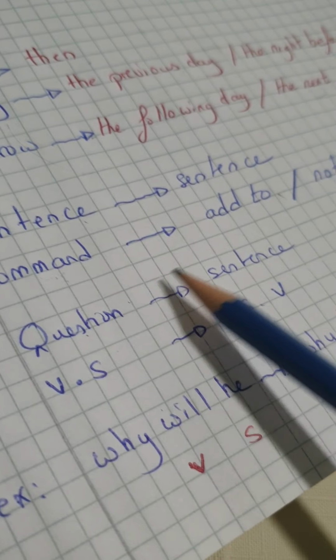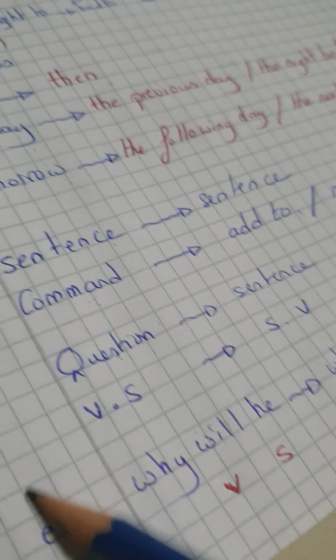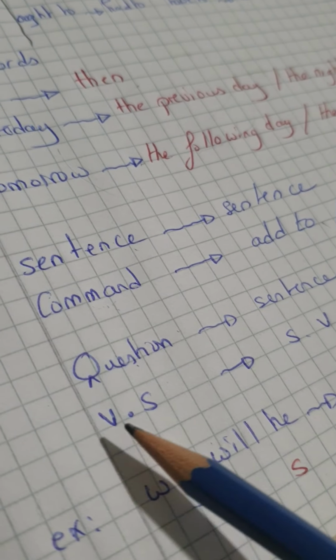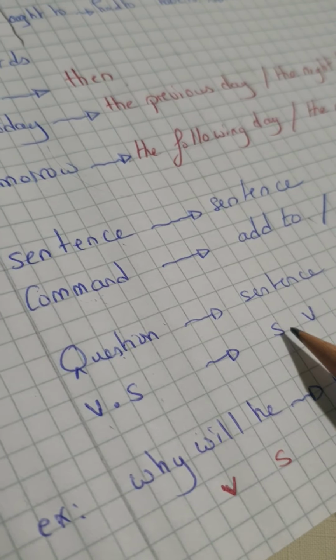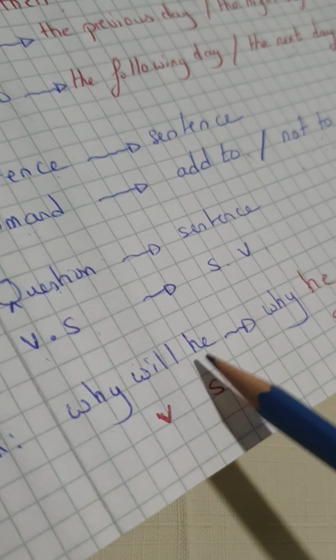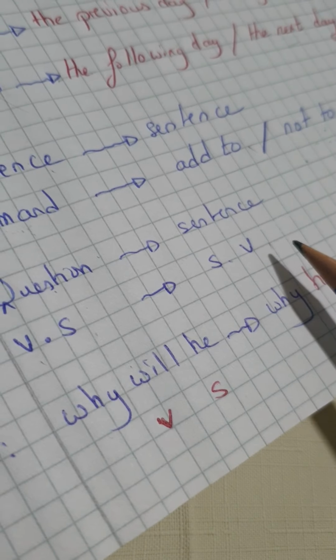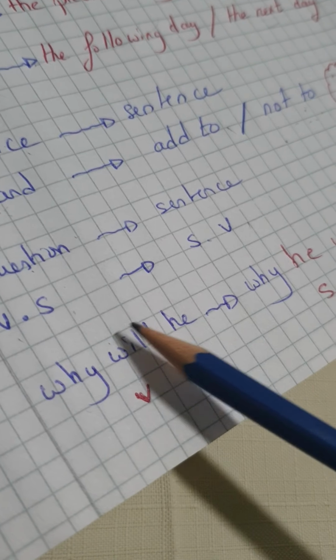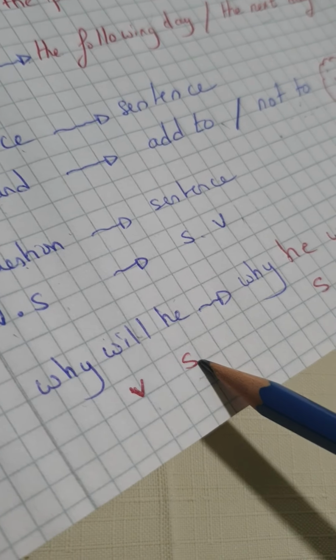And finally, the question changes to a sentence. For example, in the question, it's verb then subject, and then we have to change it to subject then verb. Example: "Why will he leave?" Will is the verb, he is the subject.